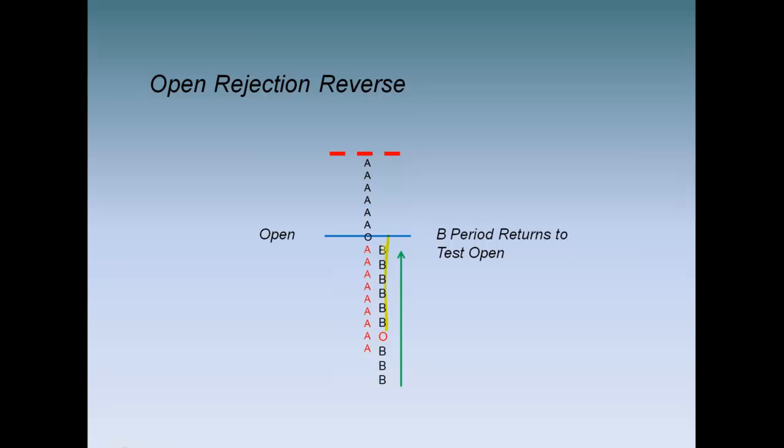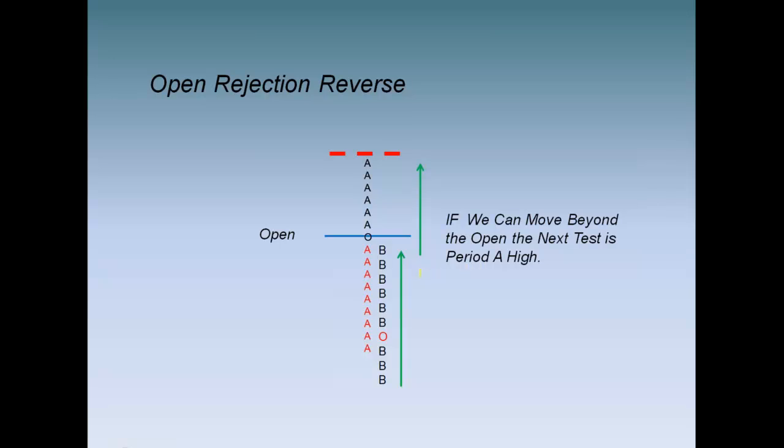And once again, here at the open is where I'm going to get my first clue as to what the day is likely to look like. Will the B period penetrate the open, or will it turn back around and reverse and take prices even lower? So when the B period returns to the open, we need to be attentive as to what is going to happen.